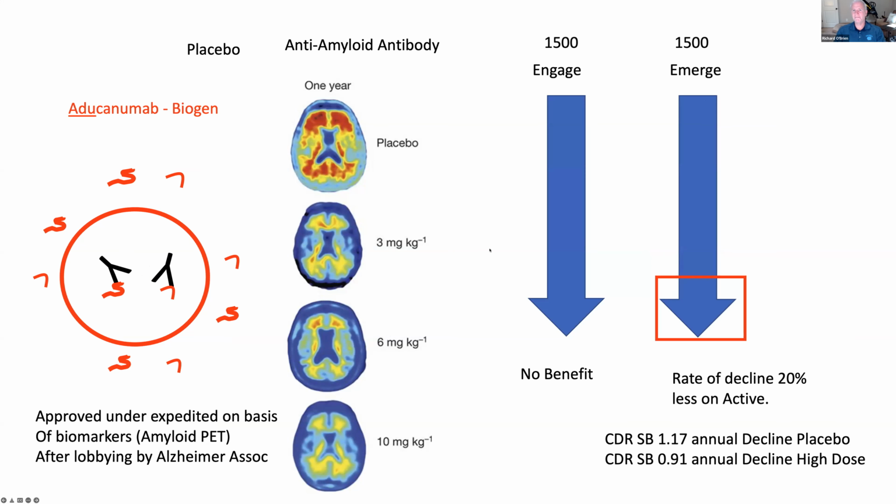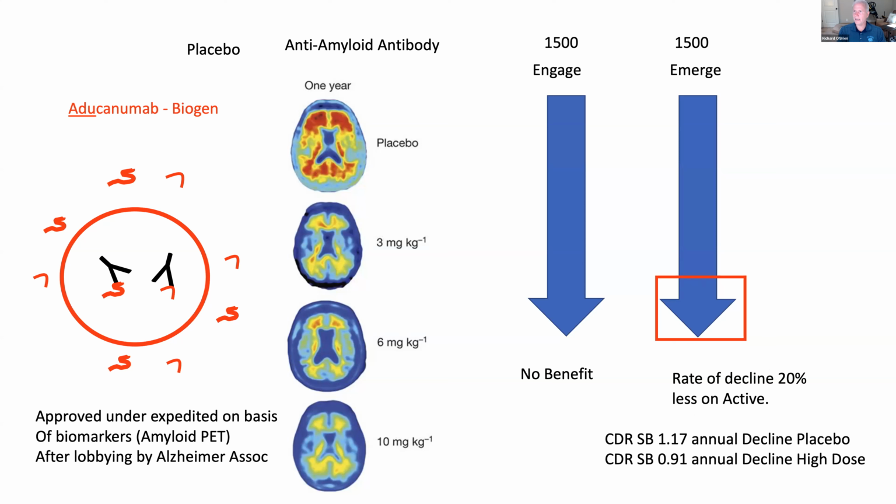And I think we've been through this before, but Biogen ran 2 studies simultaneously, 1,500 people. One showed no benefit. The other showed a very mild reduction in decline. The primary endpoint was called the CDR sum of the boxes, which means the CDR is a score of what the patient is having trouble with.